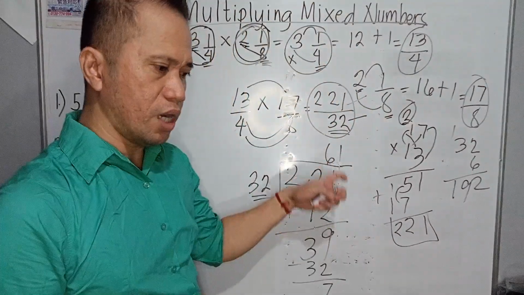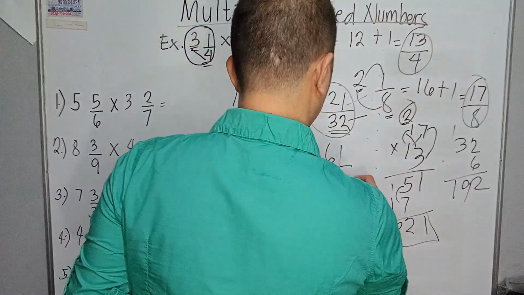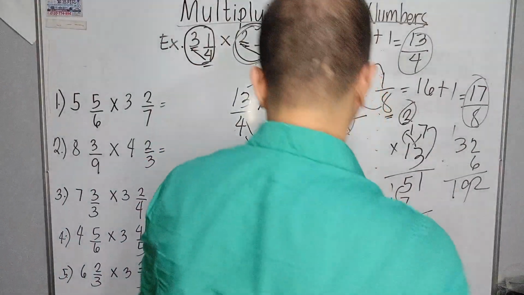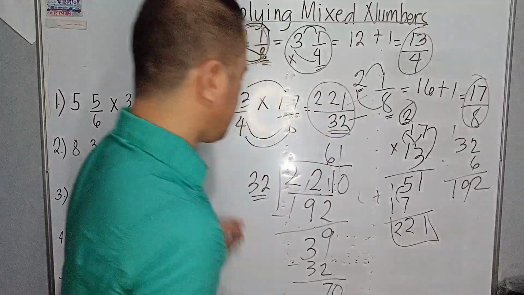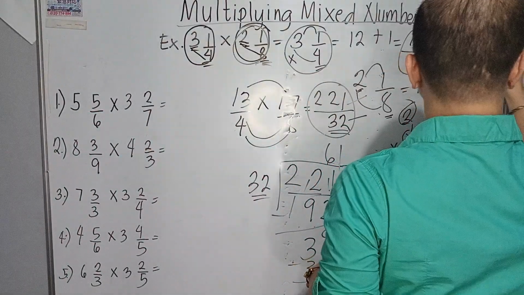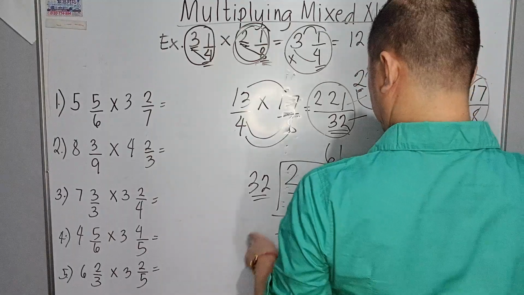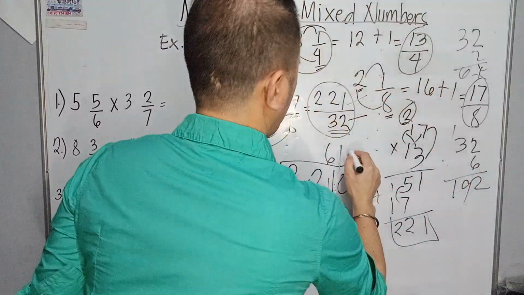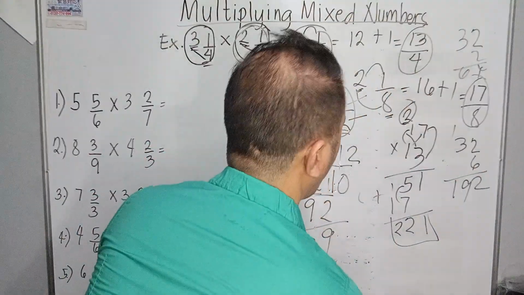So we are going to add 0. It's 70, so we have 70 divided by 32. So we need here 32. How many? 70 and 32. So we have 2, 4. So we have 64.